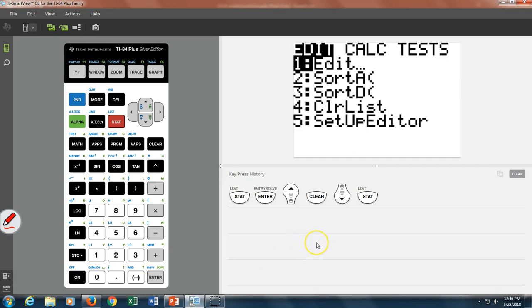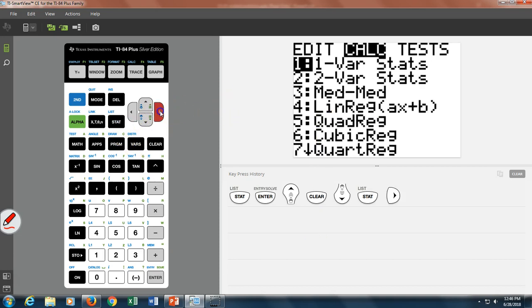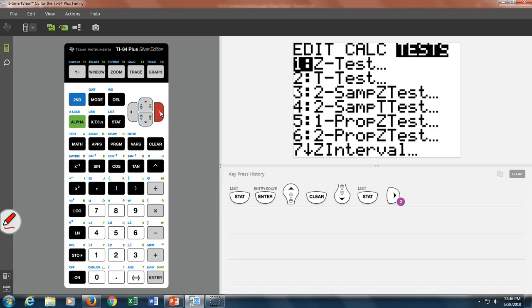All right, let me find it. Okay, there we are. I already clicked stat, and we're going to go to test. We're doing a hypothesis test. Now, we were comparing two population means here. So let's go down.